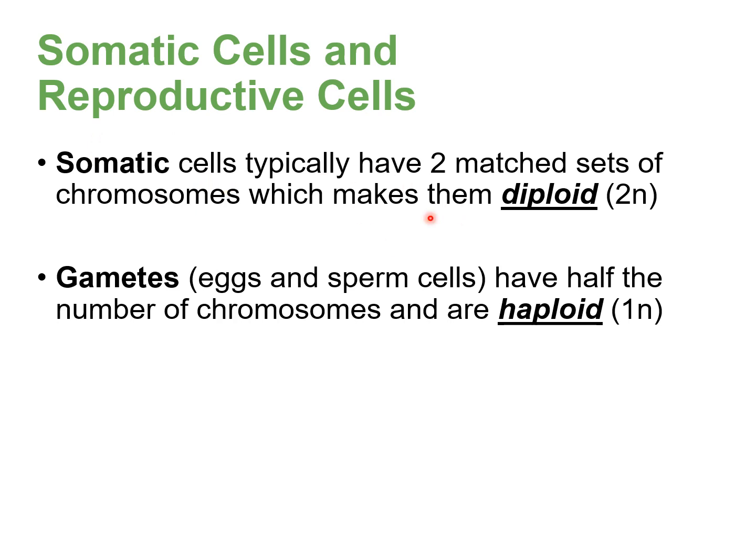And these are what we call diploid cells, 2N, which means that they have two matched sets of chromosomes. Whereas gametes, which are reproductive cells, often called our sex cells, which would be eggs for females, sperm cells for males, have half the number of chromosomes, and so they are what are referred to as haploid, or 1N. So when we're talking about diploid, that would be somatic body cells. Haploid would be our gametes or sex cells.